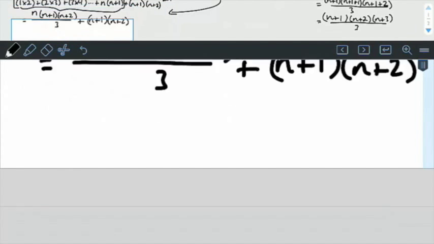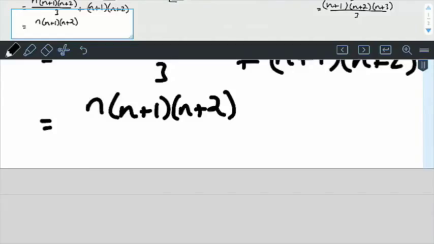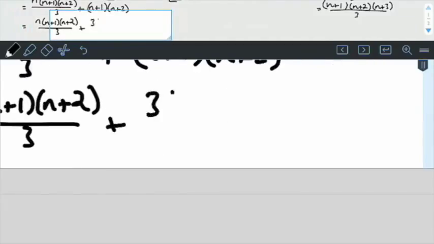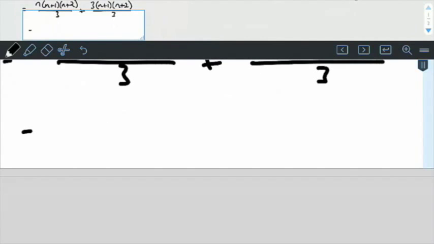And similarly, similar to the last formula, we are simply going to get a common denominator. And keep simplifying.